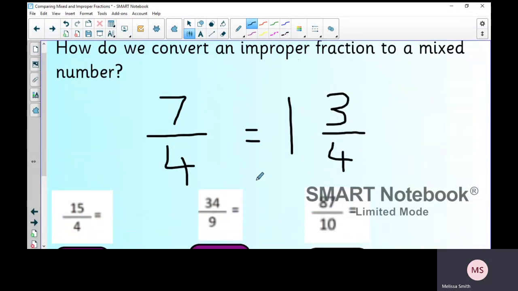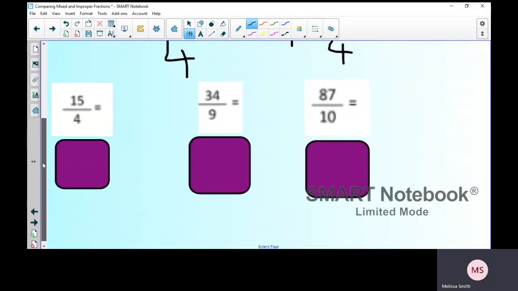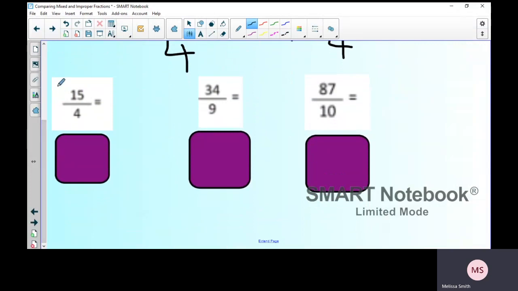Step 2, how many times can I get the denominator into my numerator? That becomes my whole there. And then the final step, step 3, what is the remainder? What is left to get me to my numerator? Now, you can go ahead and pause the video now and have a go at these 3 improper fractions here. Have a go at turning them to mixed numbers.